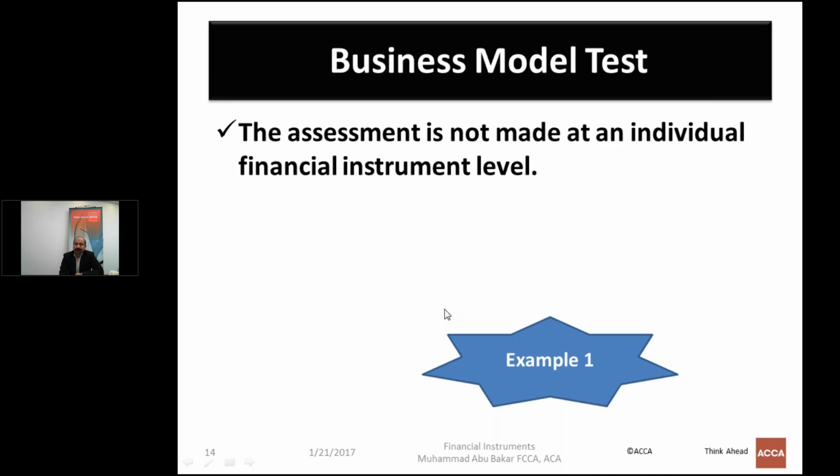IFRS introduces a business model test that requires an entity to assess whether its business objective for a debt instrument is to collect the contractual cash flows of the instrument as opposed to realizing its fair value change from sale prior to contractual maturity.